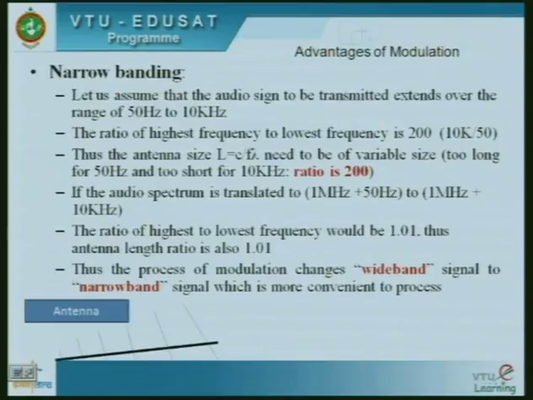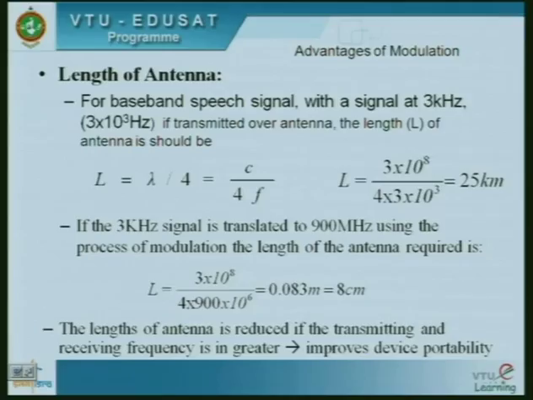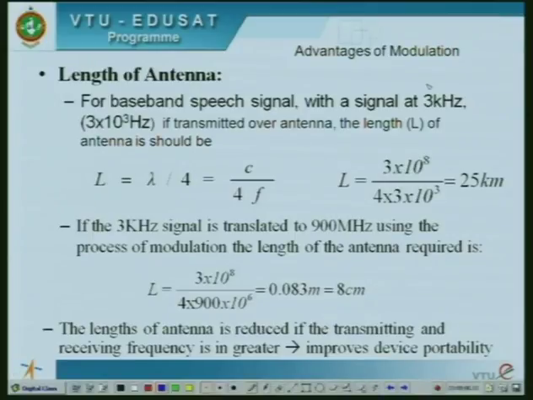So let us understand the three important factors that tell us why modulation is a very important task. Let me first take up the first concept, the length of the antenna. If you have a baseband signal at 3 kilohertz frequency, and you want to transmit it without modulation using the antenna directly, the length of the antenna is given by a simple formula, lambda by 4, where lambda stands for the wavelength.